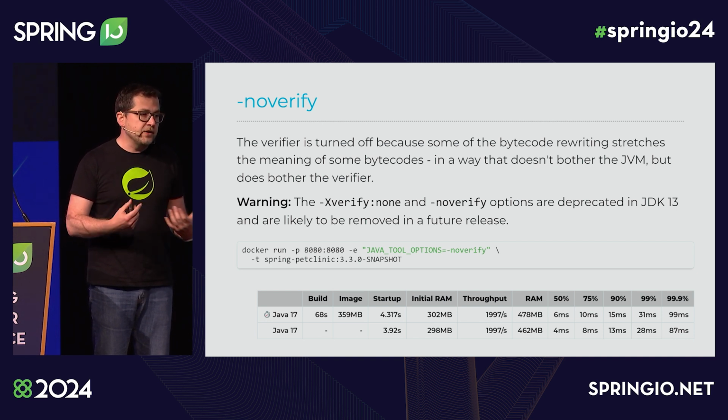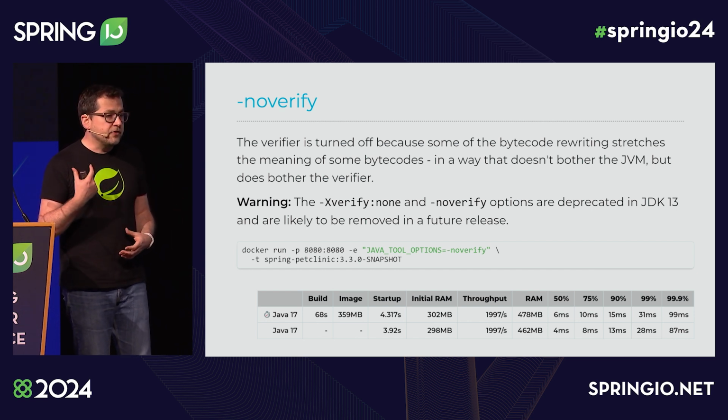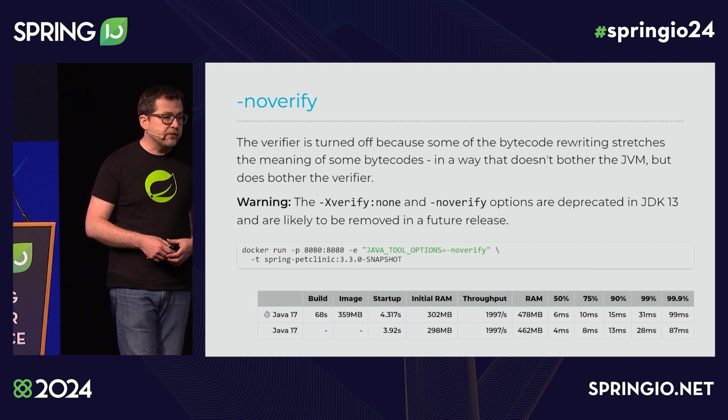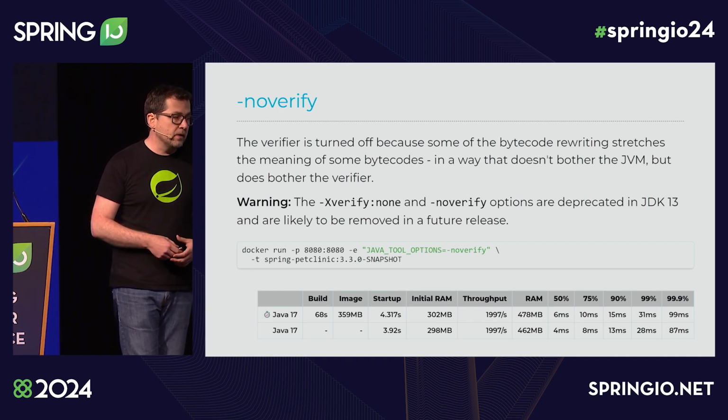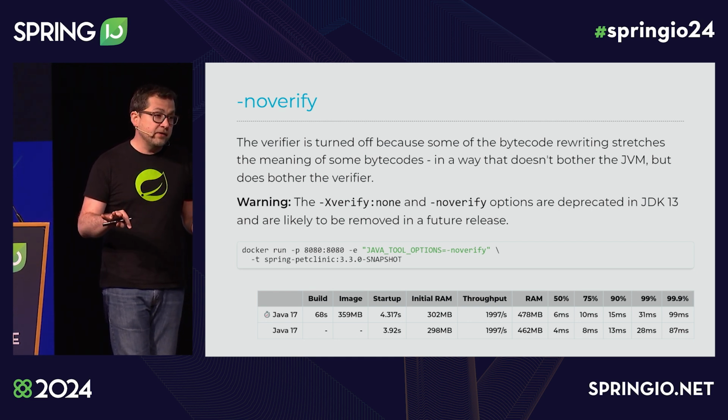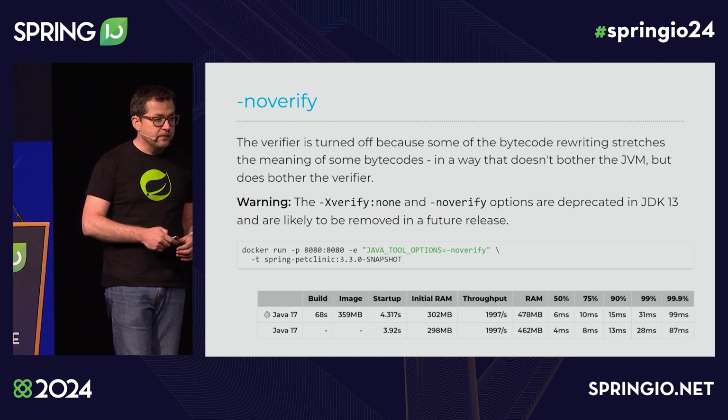The only thing I do is provide the JAVA_TOOL_OPTIONS as an environment variable and say no verify, and then it starts up faster, and the timings also get better because the classes which are loaded are not verified. As I said, you should not do that in production, but maybe it's good enough for you during development.